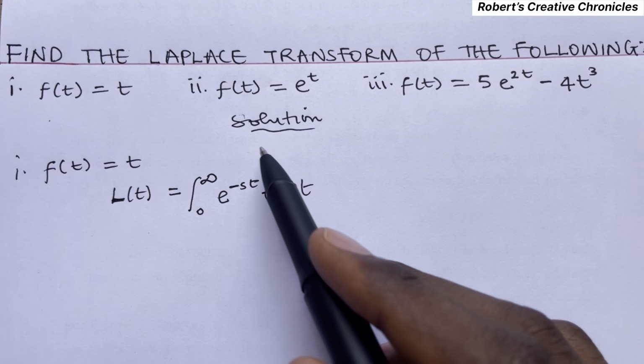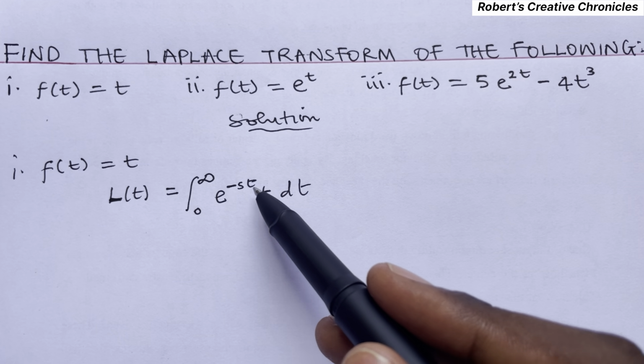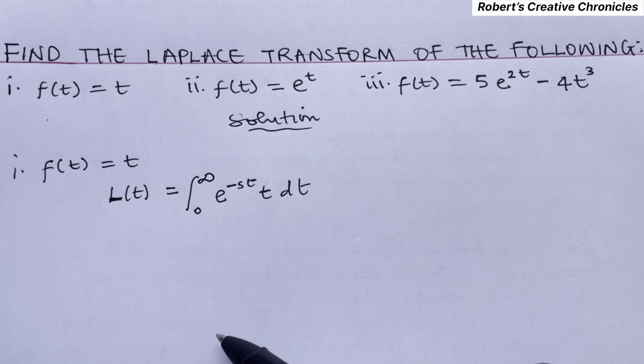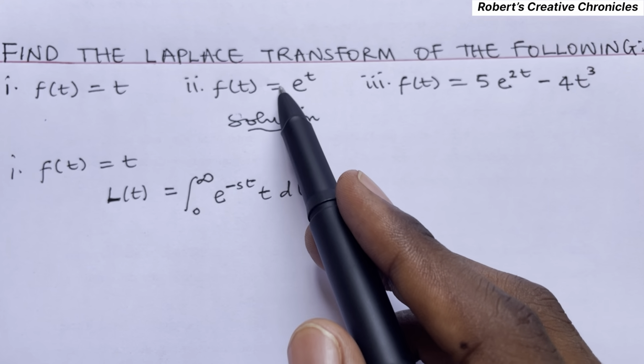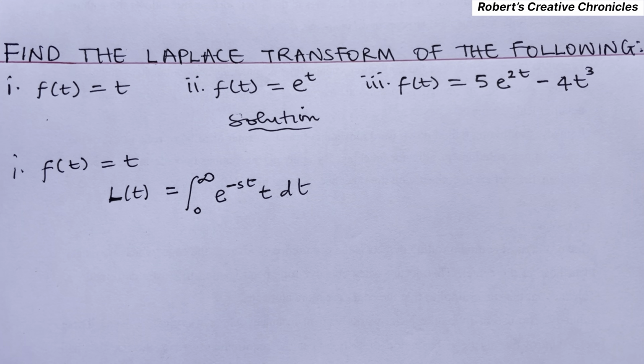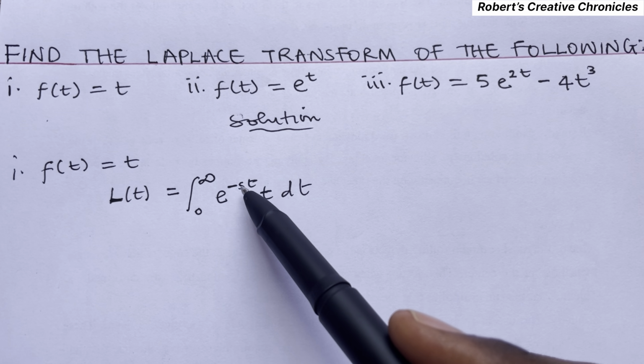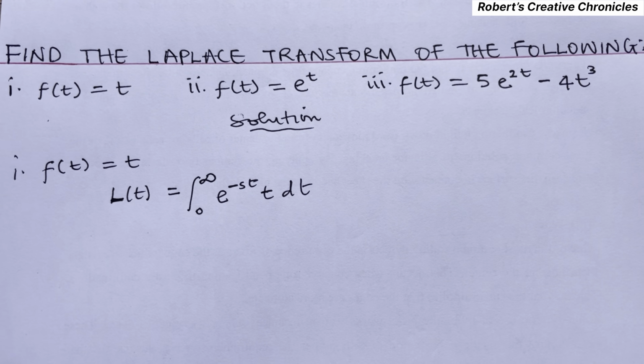All this is constant except this t. Any function you want to integrate, you put into this. If I want to integrate exponential t now, instead of this t here, I'll write exponential t here.